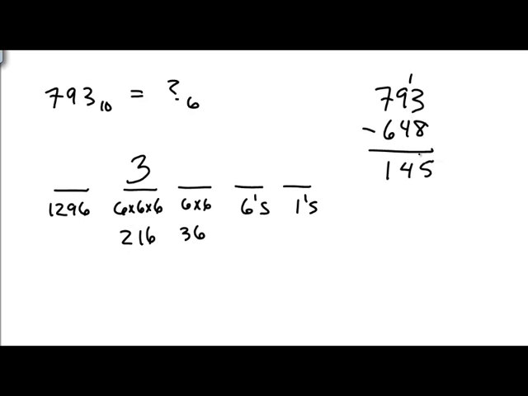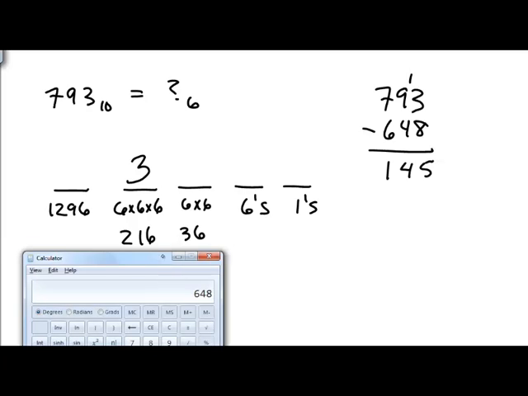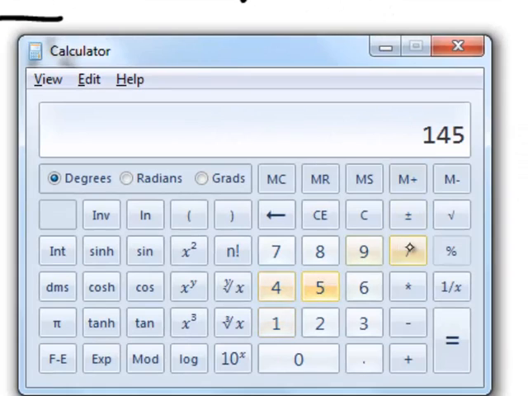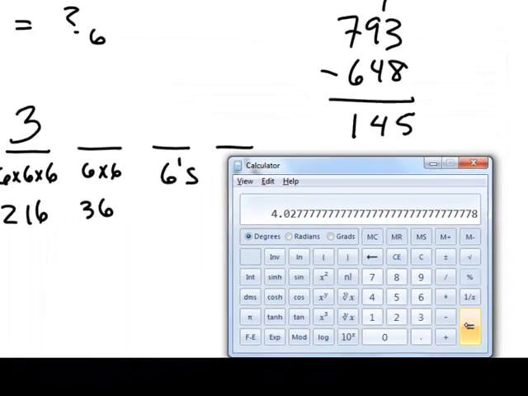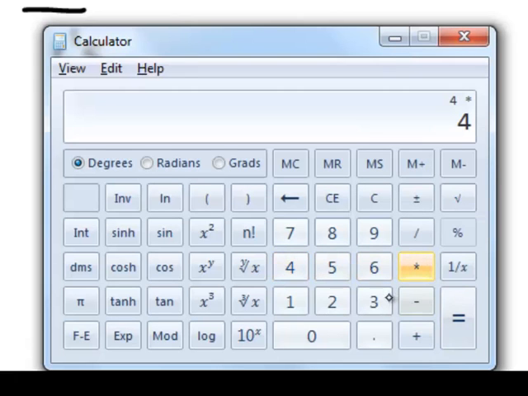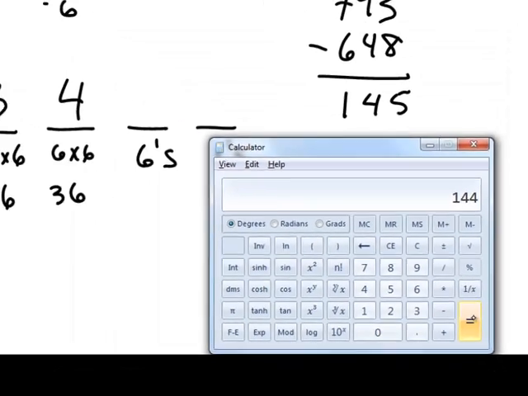We have 145 left. Hey, can we find any 36s in 145? You bet. We take 145 and divide it by 36, and we see 4 and change. There's 4 in there. What is 4 times 36? It's 144.